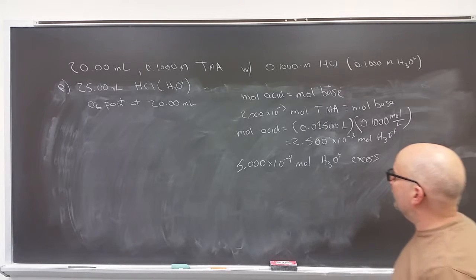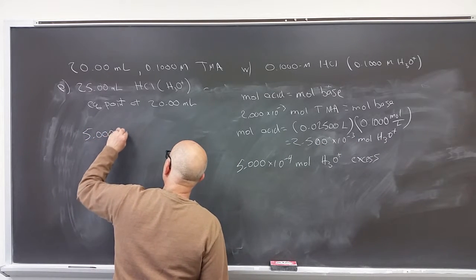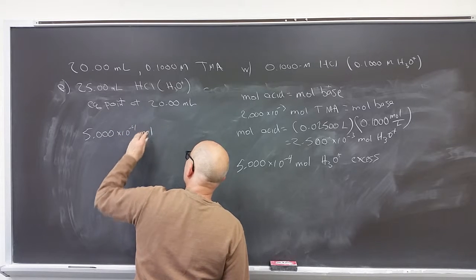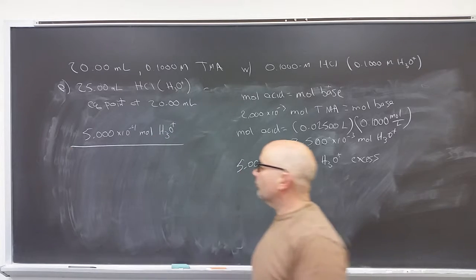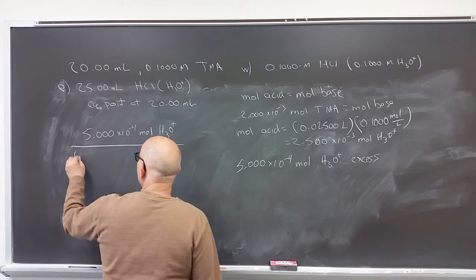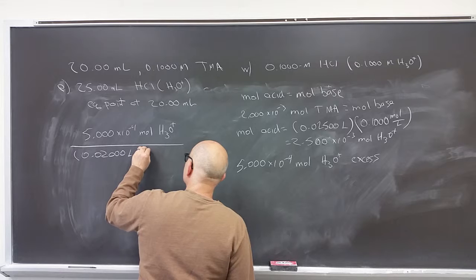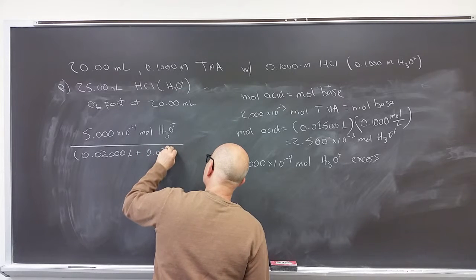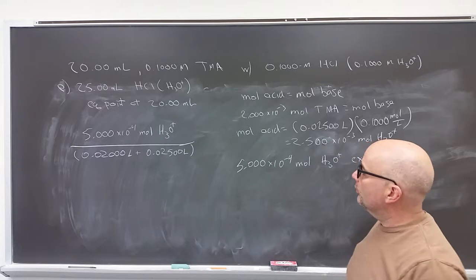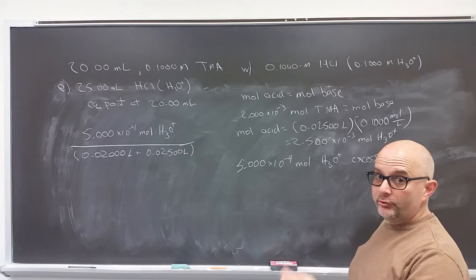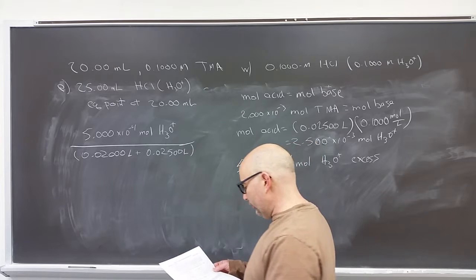So really all you need to do now is figure out that you've got five times 10 to the negative 4 moles of hydronium, and don't forget to calculate the total solution volume, which in this case is going to be the original 20 milliliters plus the added 25 milliliters for a total of 45 milliliters, or 0.045 liters.